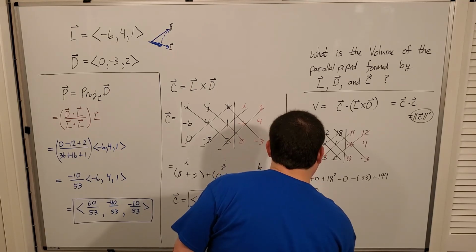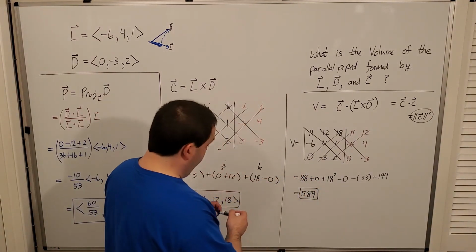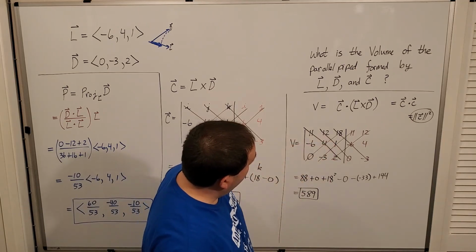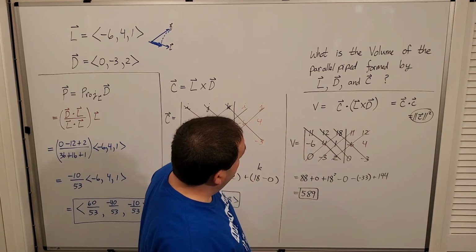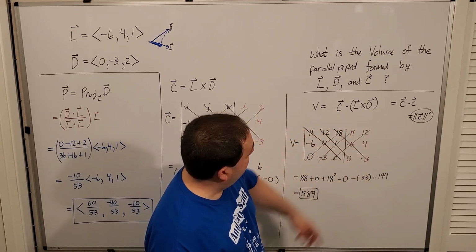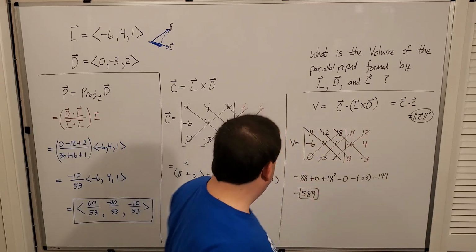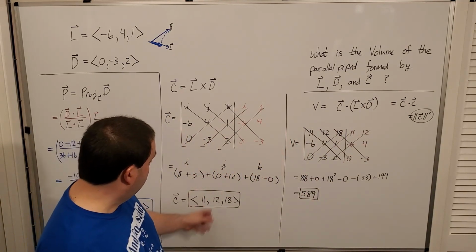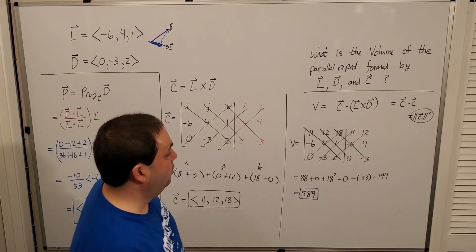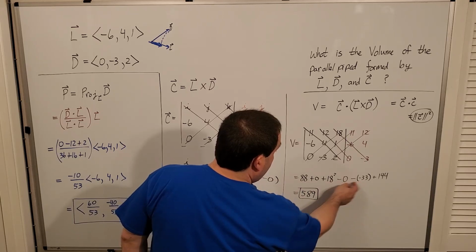Keep in mind the way that a triple scalar product is typically performed is by doing this type of determinant while putting the three vectors in the order that you see them in, and of course there are other ways of rearranging it. We did have the other shortcut this time. We would end up at the same result if you did 11 squared plus 12 squared plus 18 squared. Look, there's the 18 squared, the 12 squared, and the 11 squared is here.